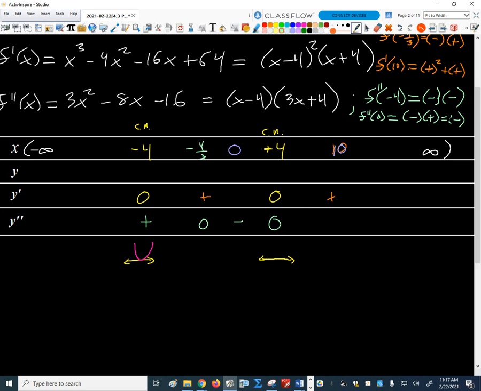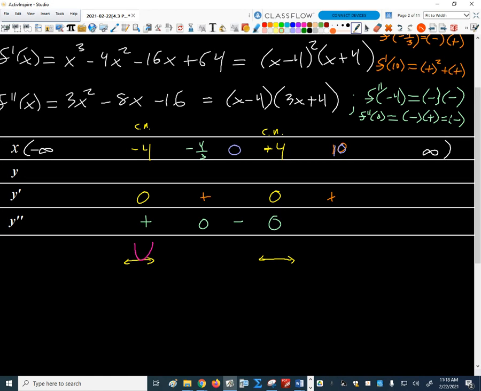Everybody type it in. Okay, yeah, that's an inflection point, isn't it? That's the definition of an inflection point: a place where the sign of the second derivative changes and a tangent line exists.